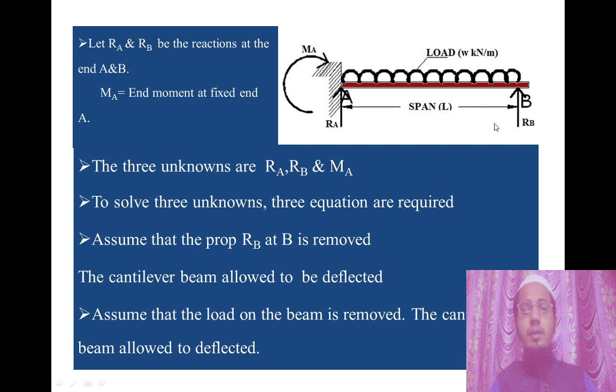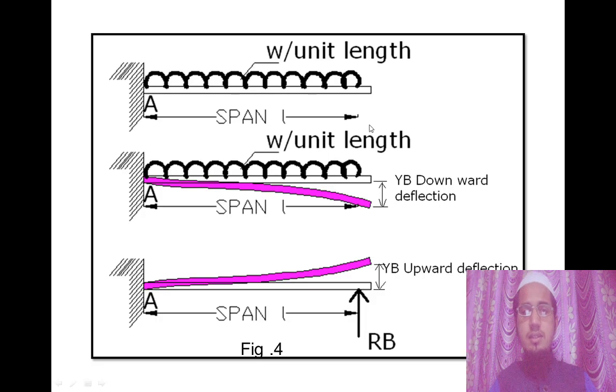What will happen by assuming such conditions? You can see in the diagram, there is a cantilever subjected to UDL. In the first case we assume there is no prop reaction, so it will deflect like this, and the deflection at B, YB, will be downward.